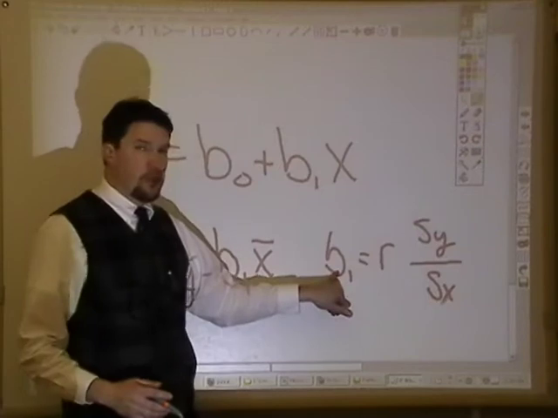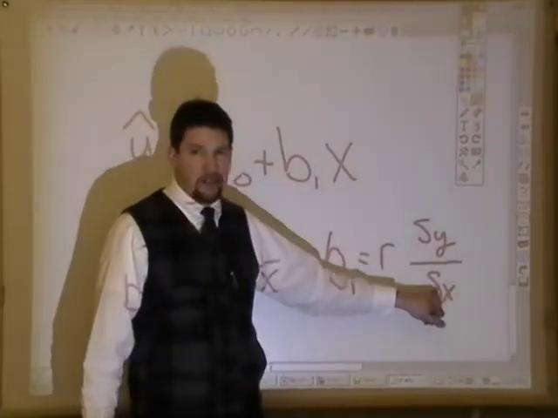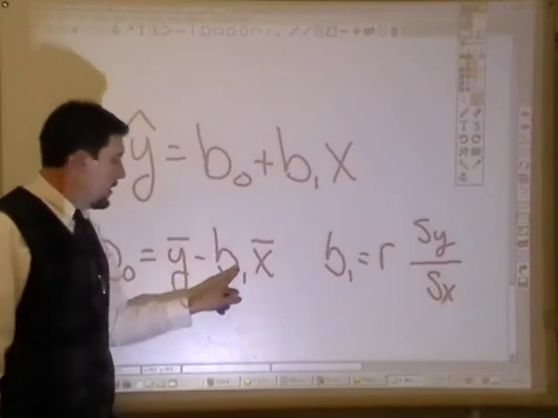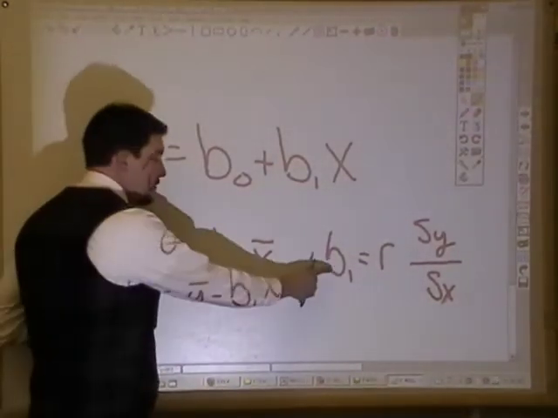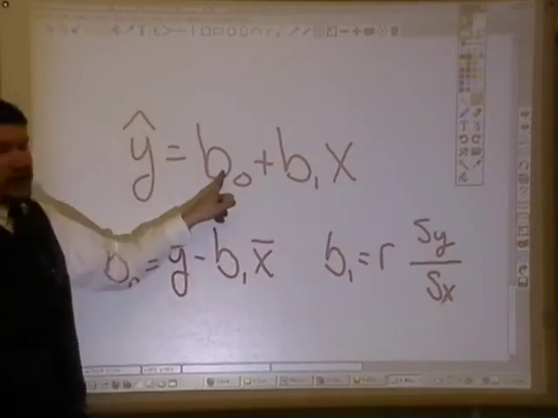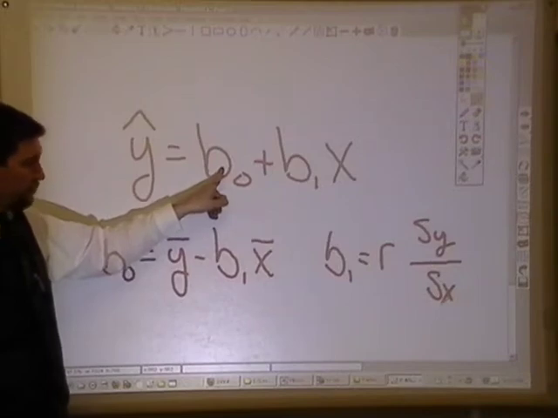So I can find the slope if I have the correlation coefficient, the standard deviation of y, and the standard deviation of x. If I have the slope and the mean of x and the mean of y, I can find the y-intercept. If I have the slope and the y-intercept, then I have everything I need for the equation of the line of best fit.